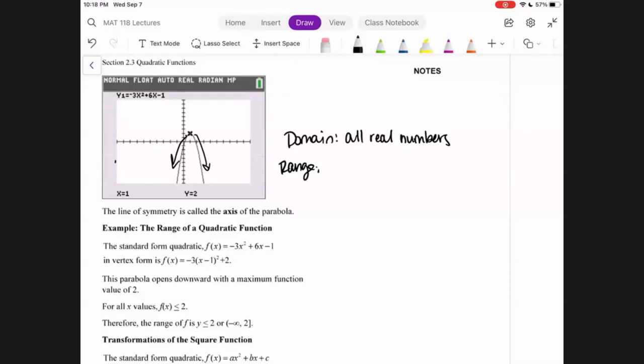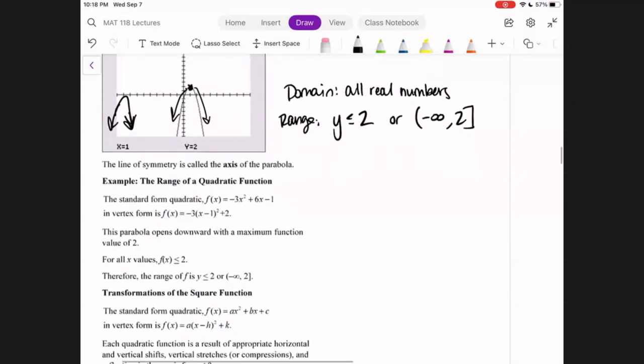This opens downward, so we're going to say y is less than or equal to the max value. The max value is right here, so that is at 2. Or if you want to do interval notation, anything less than 2.